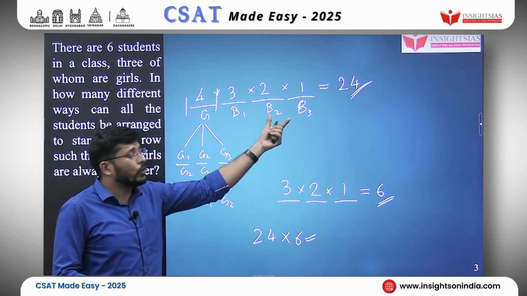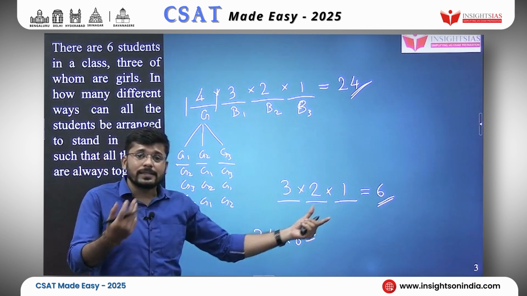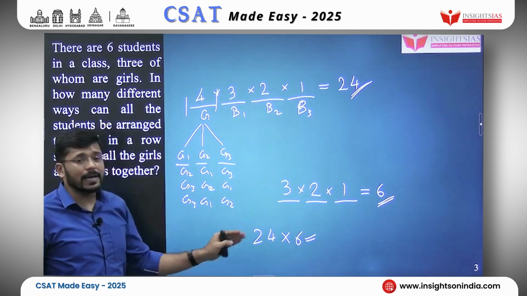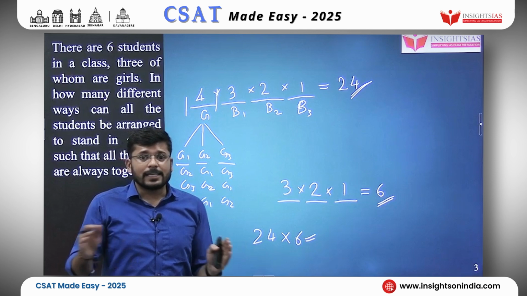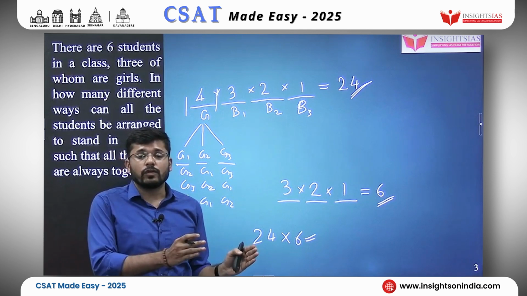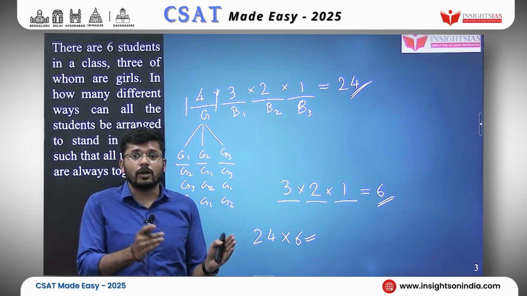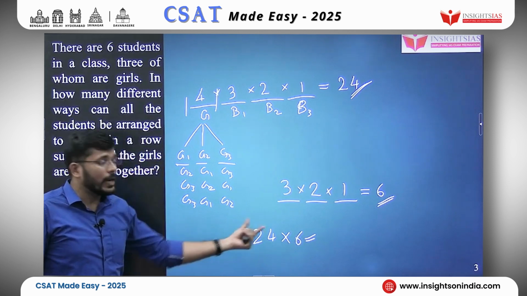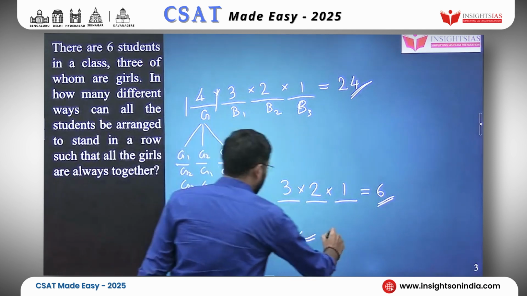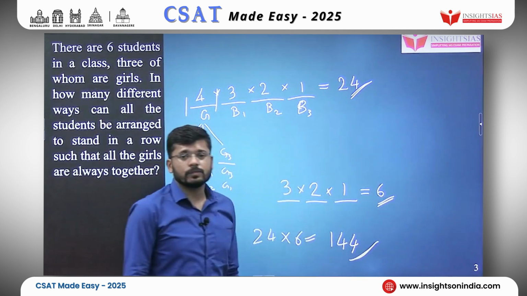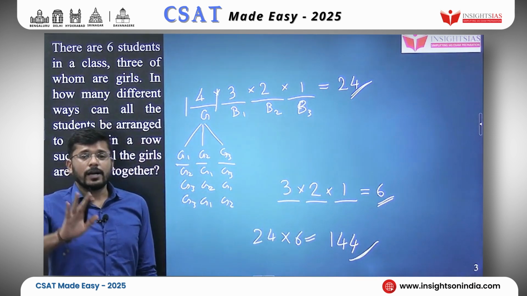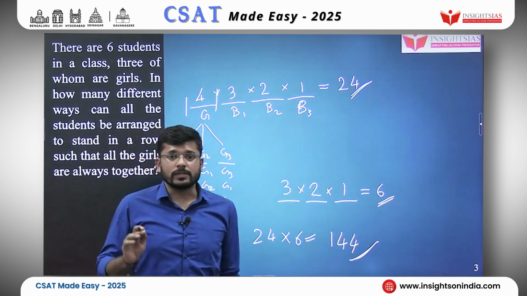Ultimately, in how many total ways can you arrange 6 students, 3 of whom happen to be girls, such that all the girls are together? It would be 24 into 6, that would be 144. Done.